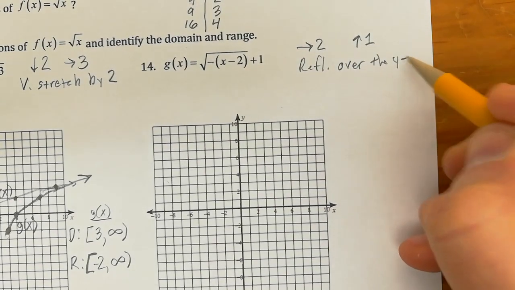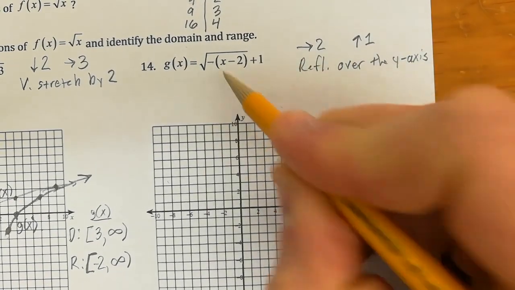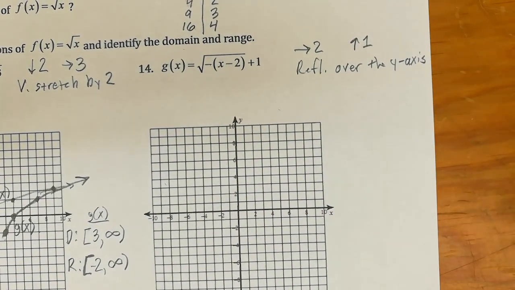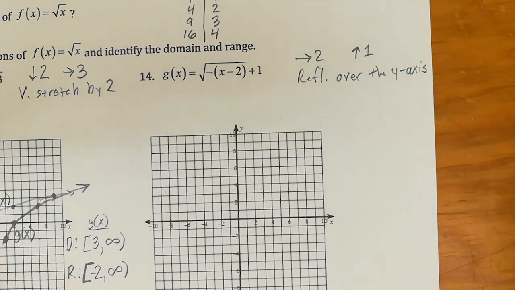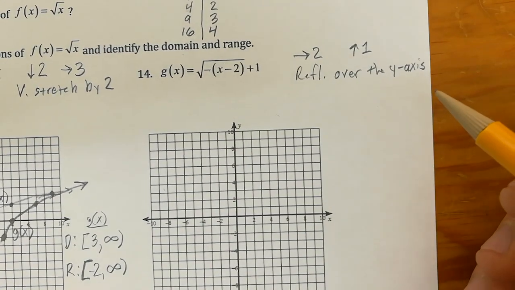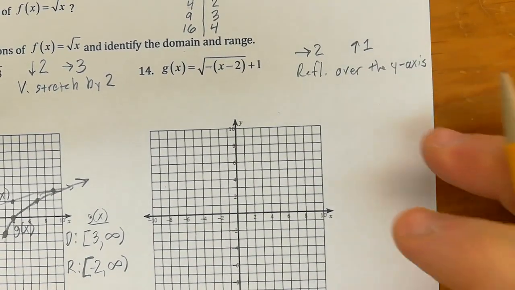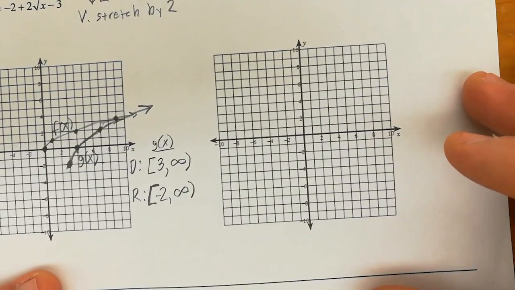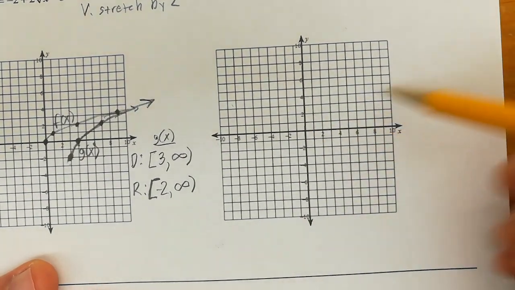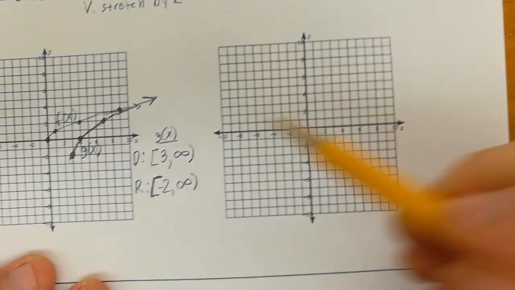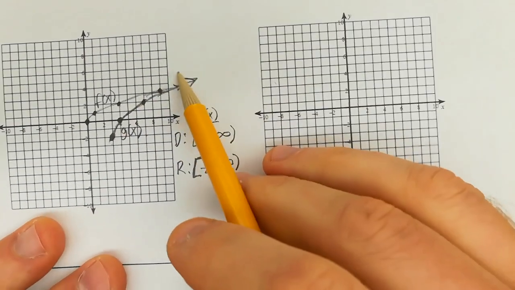If what's inside the square root is negative, that is going to cause a reflection over the y-axis. All right, so now if it's easier, you can graph the parent on here and then transform it. I might just use the one over here and think about it.